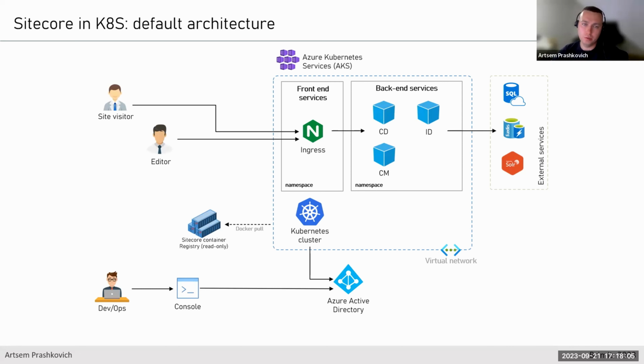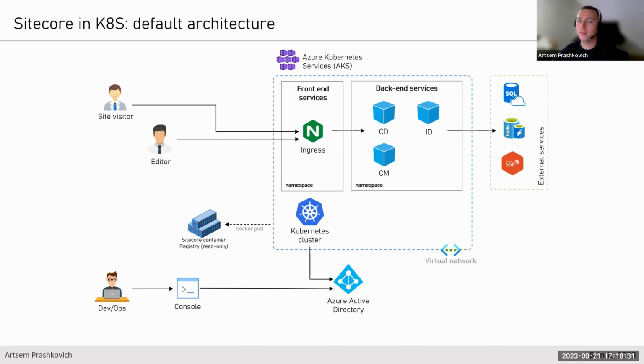Based on the rules, it routes traffic, for example, for the editor to the CM server, and for the site visitor to the CD server, in case of a non-headless application.